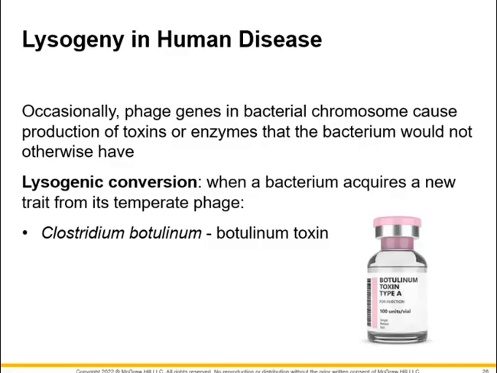During this lysogenic state, right? Now, bacteria can also have multiple prophages within them. So it's not like they may only have one prophage that has been inserted. They could have multiple prophages from a variety of different bacteriophages. So each of the prophages could encode a different virulence factor.